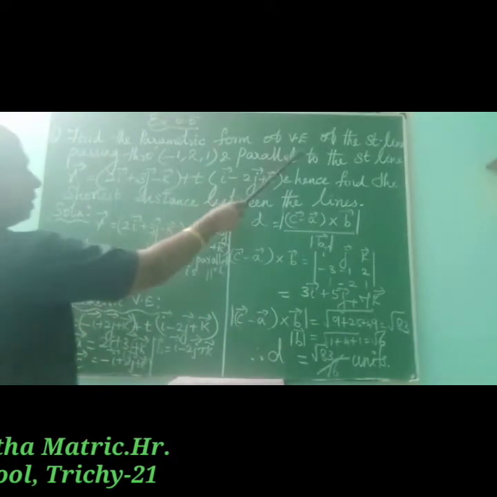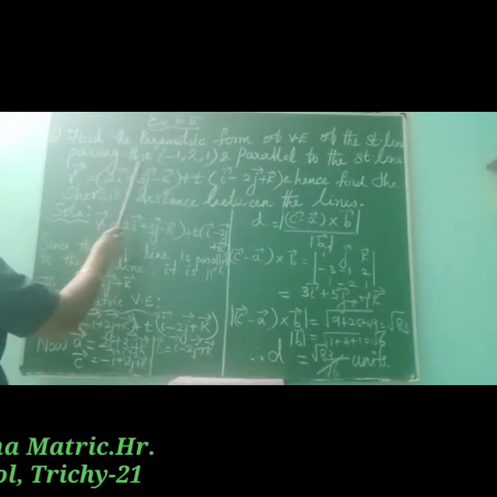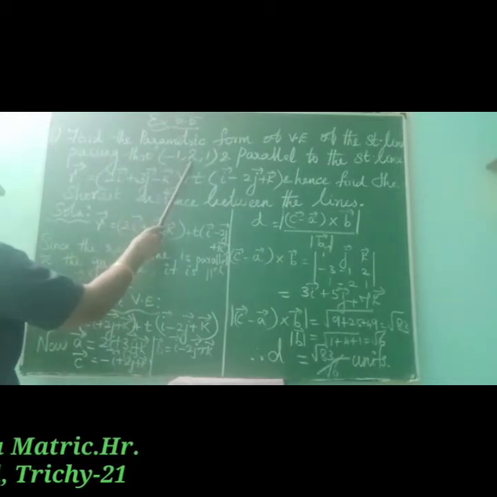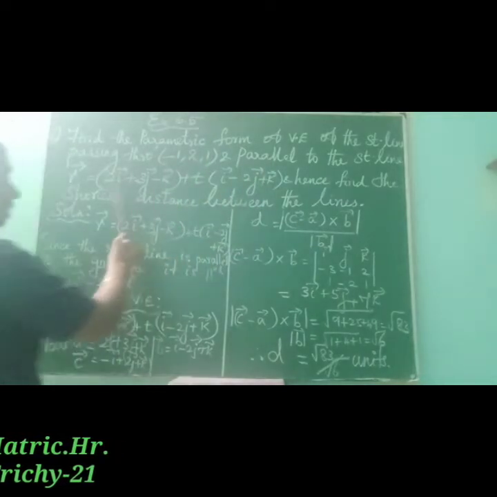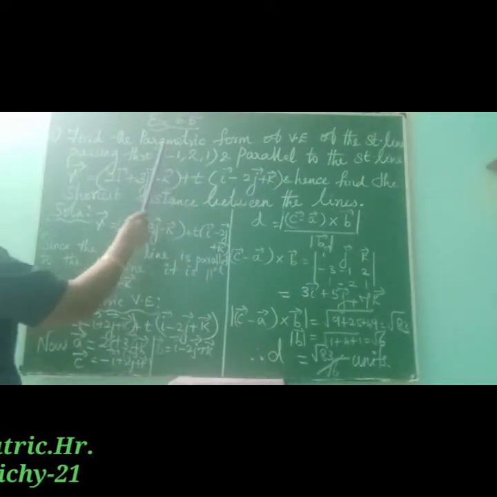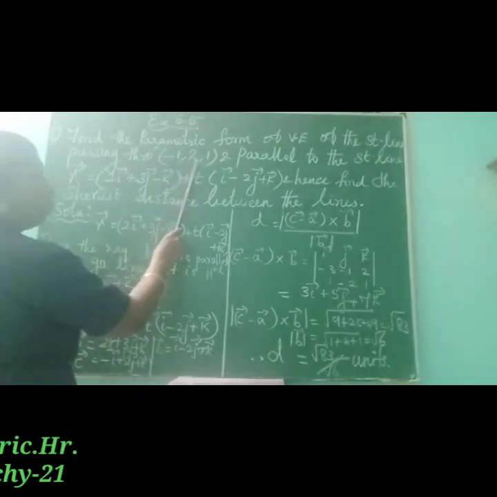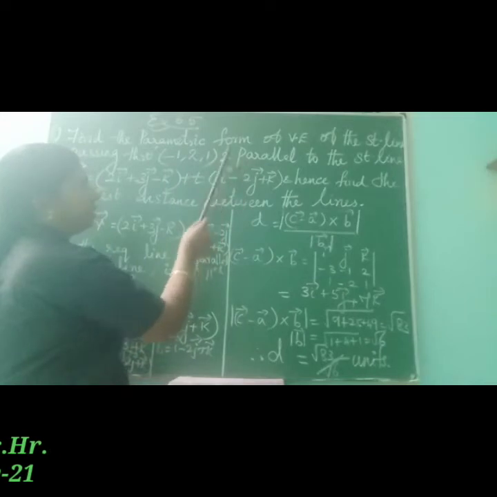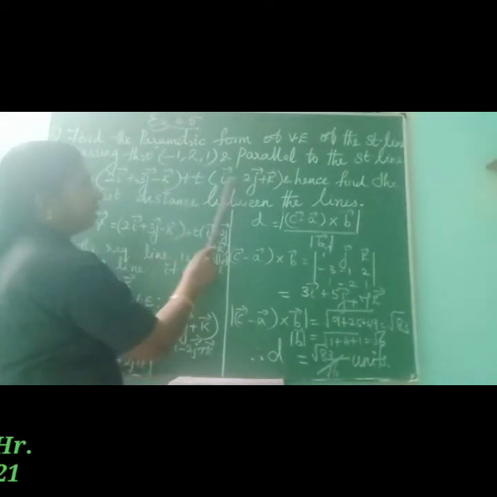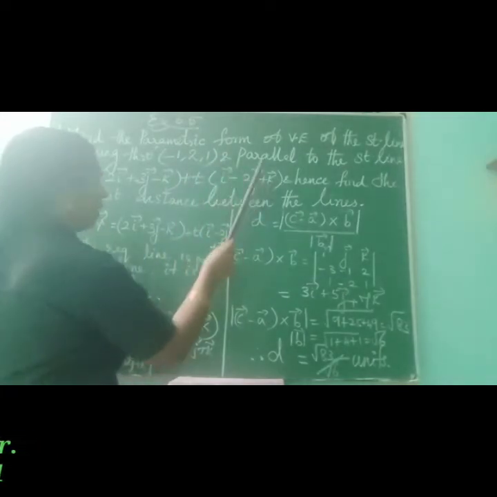So, find the parametric form of the vector equation of the straight line passing through this point, -i+2j+k, and parallel to the straight line. So, the point you can select is -i+2j+k, and the parallel vector b vector you can select from the given equation, i minus 2j plus k.